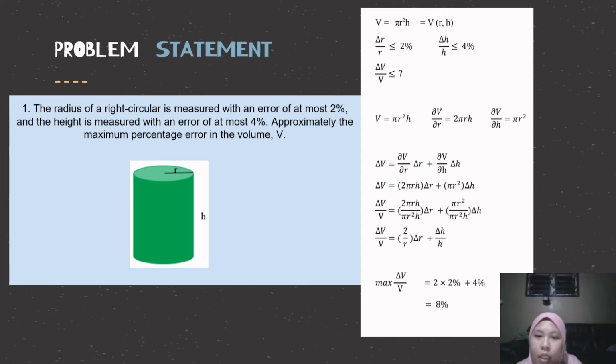So we get the equation delta V equals partial V over partial r times delta r, plus partial V over partial h times delta h. Then we put the values into the equation. So lastly, we got the maximum percentage error in the volume is 8%.